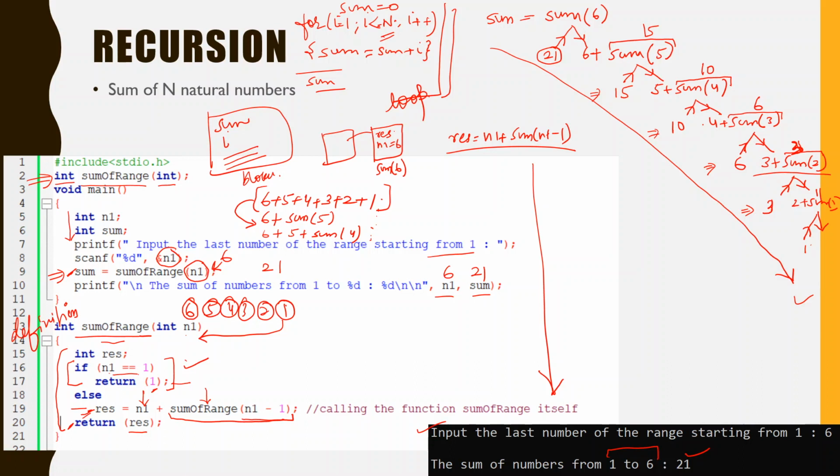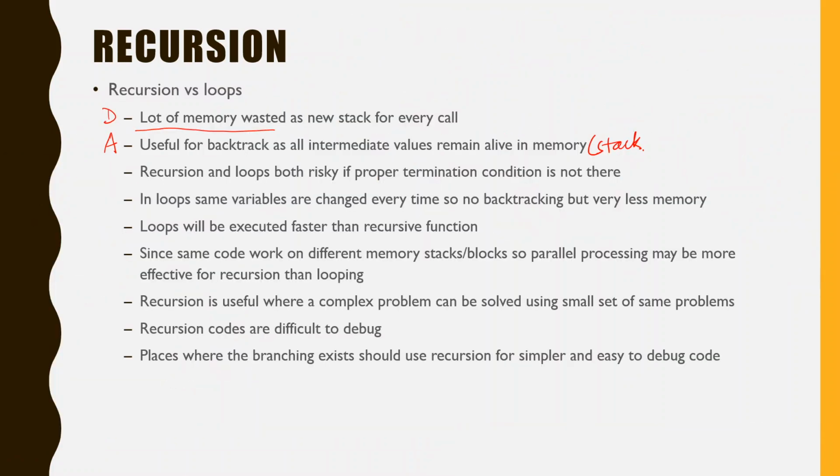This function would have led to infinite calls, and that would make a problem. The same happens with the loop. But in a loop which is infinite, what happens? Only the memory is exhausted.